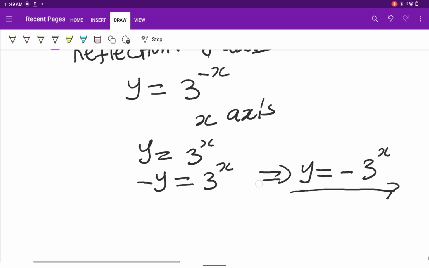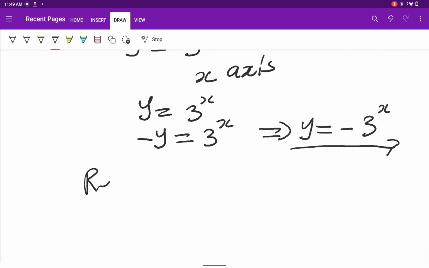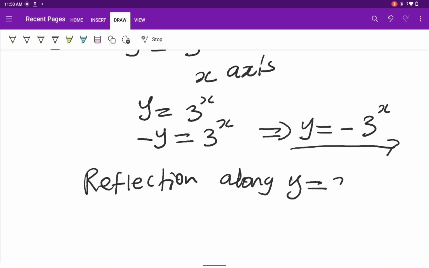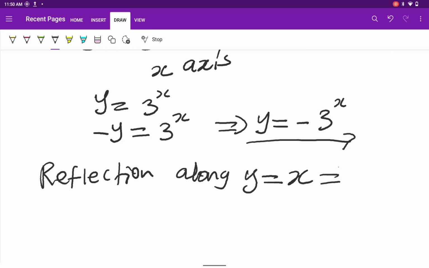Right, and then the last one that I want us to talk about is a reflection along the line y equals x. Remember, this we said is the same as calculating the inverse.